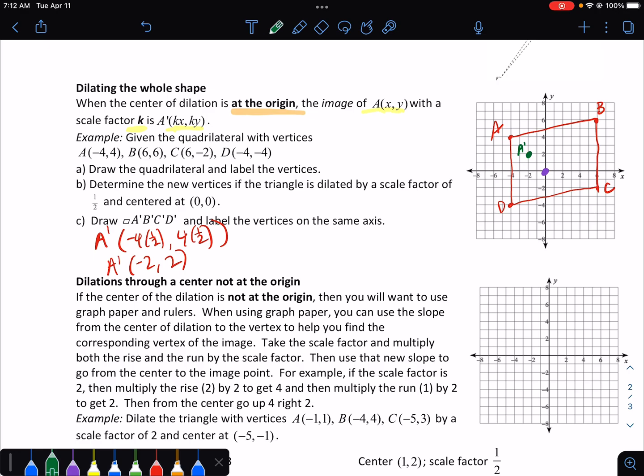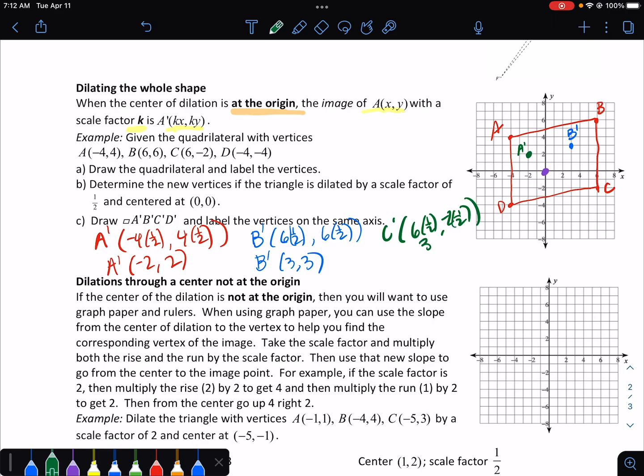And then if we look at B, I'm going to do 6 times 1/2 and then 6 times 1/2. So that gives us that B prime is 3, 3. So B prime is 3, 3. And then C prime, we're going to take 6 times 1/2 and -2 times 1/2.